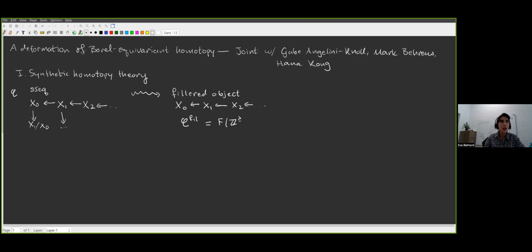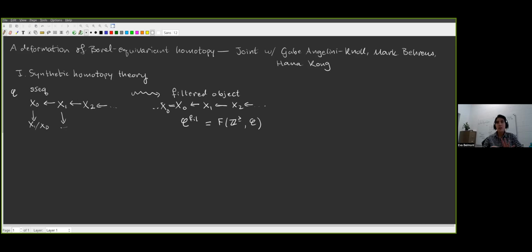What I wrote is natural number indexed, but what I actually mean here is Z with the natural poset structure. That means if I want this to be Z indexed, I can always continue it to the left, though most of my motivating examples are bounded.